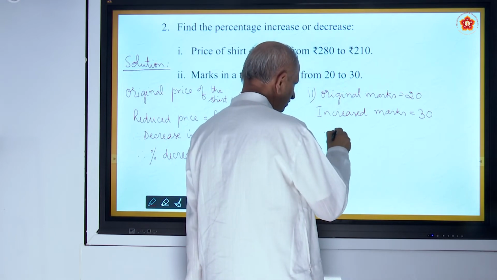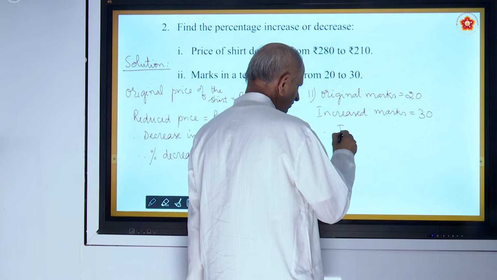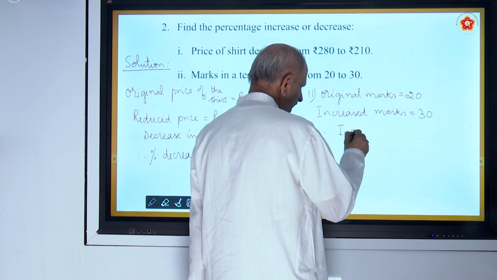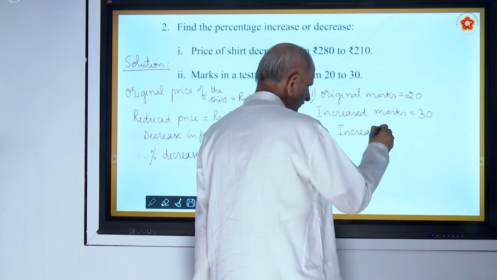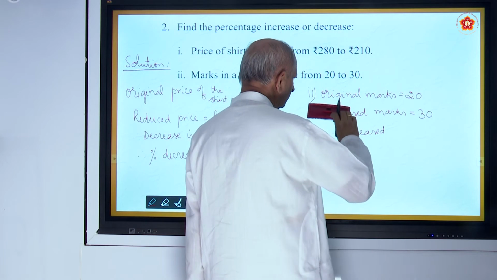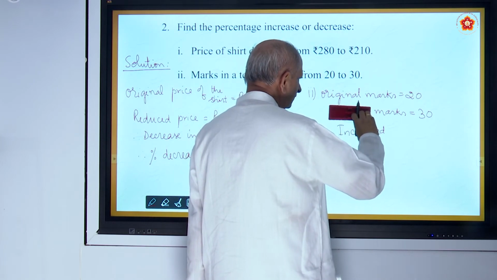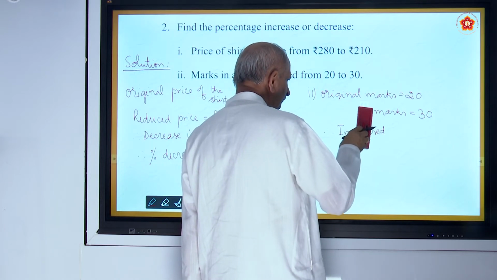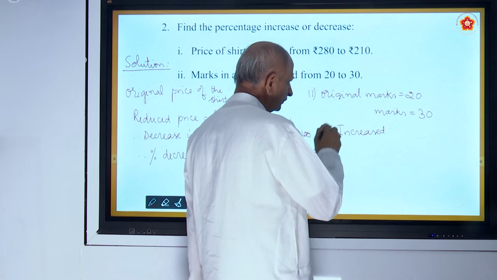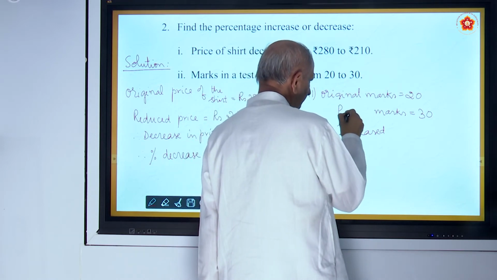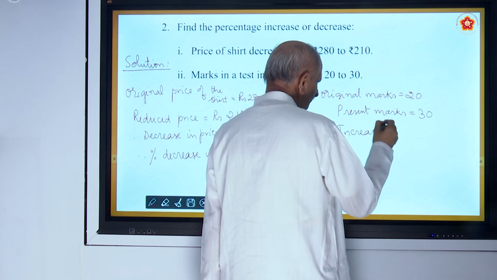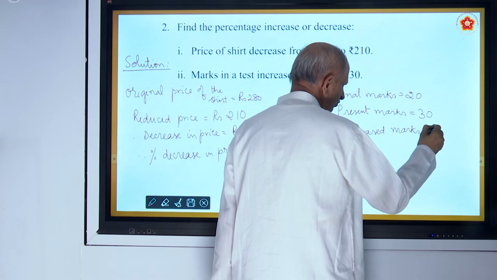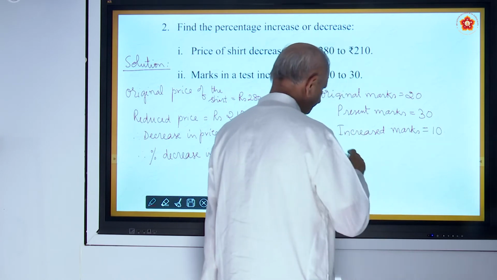And so therefore you can see present marks. Therefore increased marks is, it was 20, increased to 30, so 10.